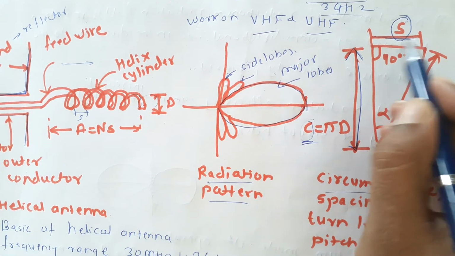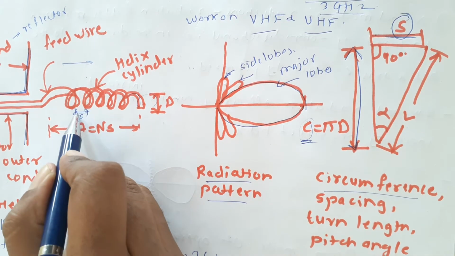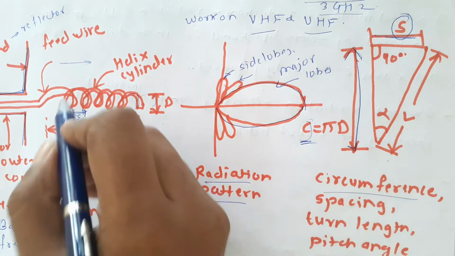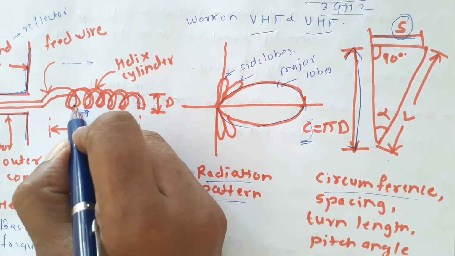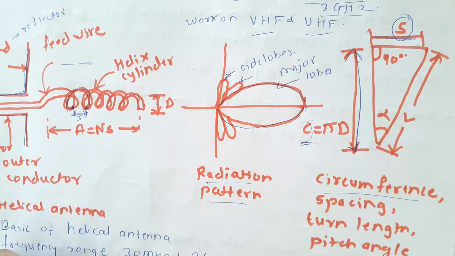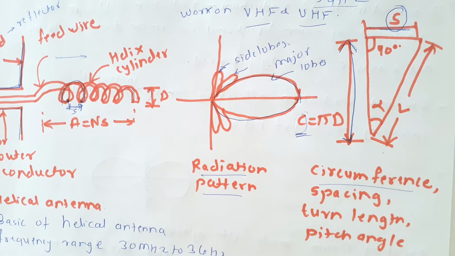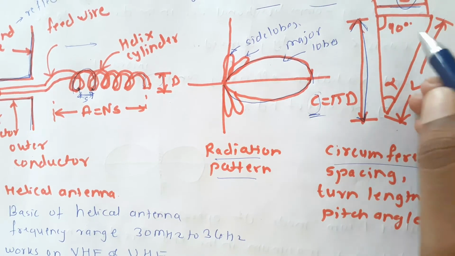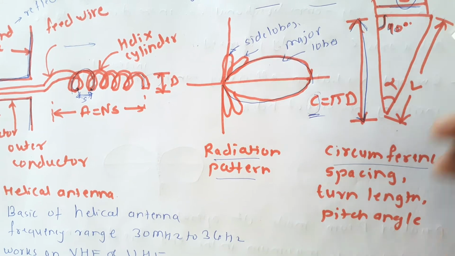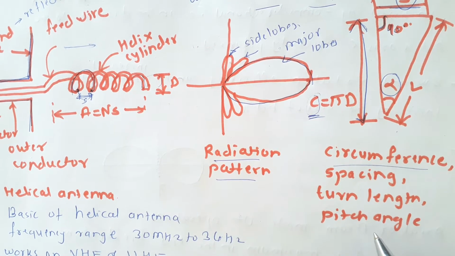S is the spacing between the turns of the helix, and L is the length of the helix, from the start here to the end here. Again the angle is 90 degrees, and we have to find the alpha. That alpha is basically the pitch angle.